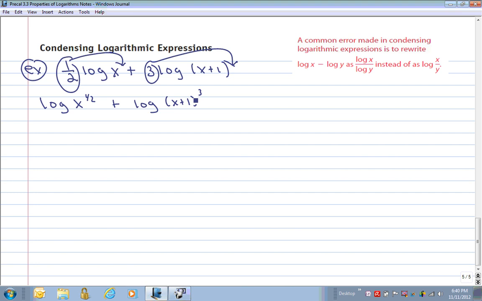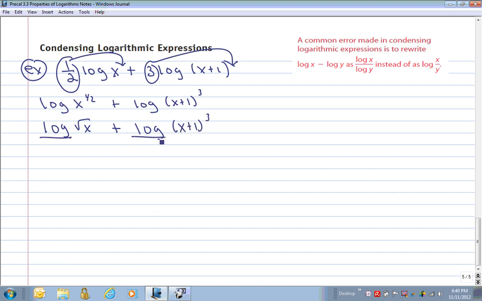The next thing we're going to do is make our half power a square root. Whenever we have a fractional power, we change it back to a root. So if it was 1/3, it'd be the 3rd root, etc. So I'm going to have log of the square root of x plus log of x plus 1 cubed. Now we want to put them together.